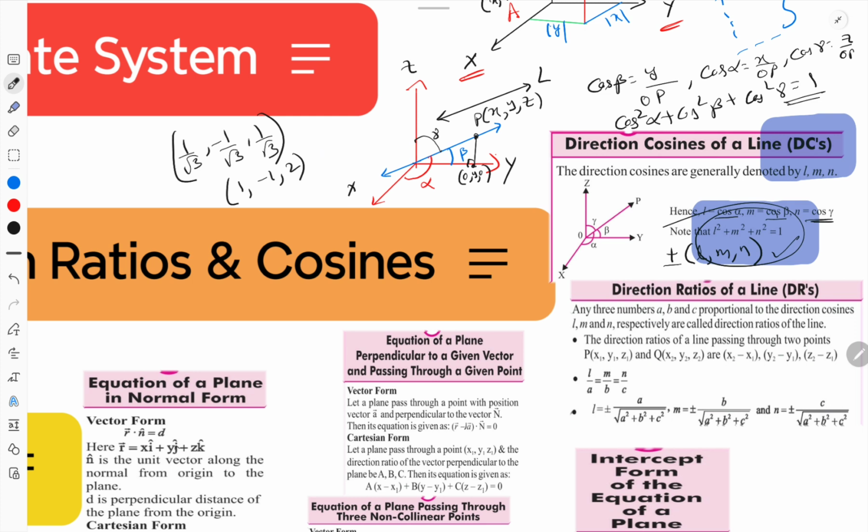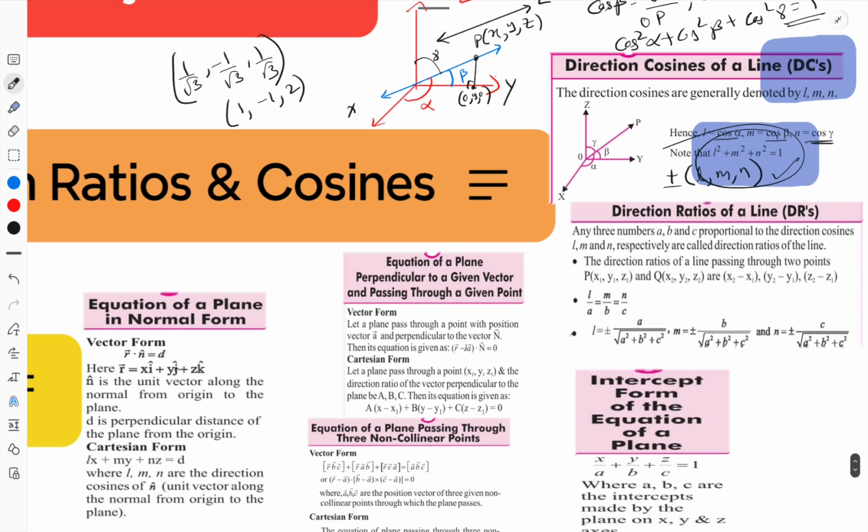Okay. The purpose of talking about direction cosines is the direction of a line. A more convenient, more liberal form of these direction cosines is direction ratios. So what are these direction ratios?